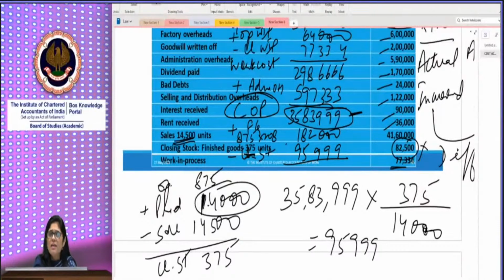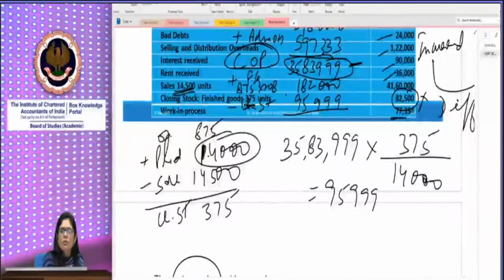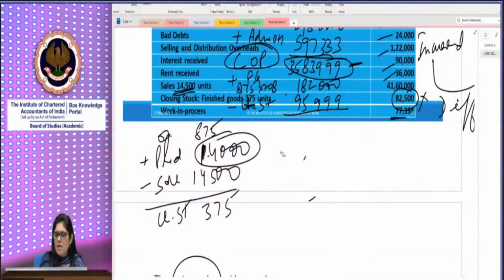This is a very, very important concept of cost sheet. I assume you must have done cost sheet before this. Clear? Practice cost sheet if you don't know it, and before doing reconciliation, you must practice the cost sheet. Clear?